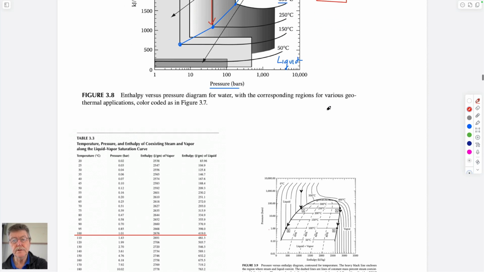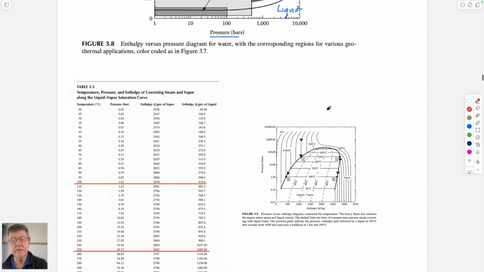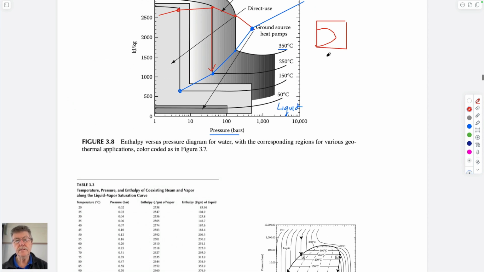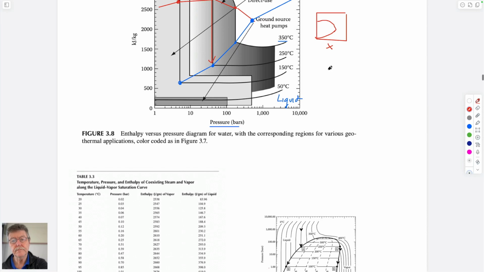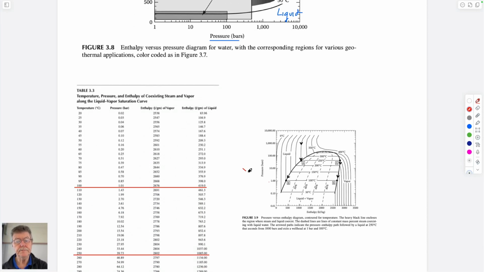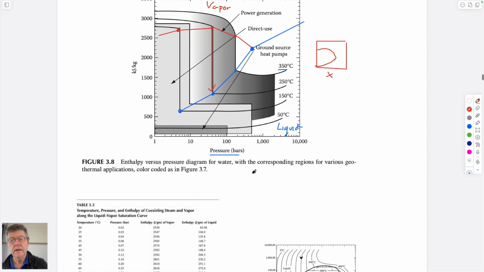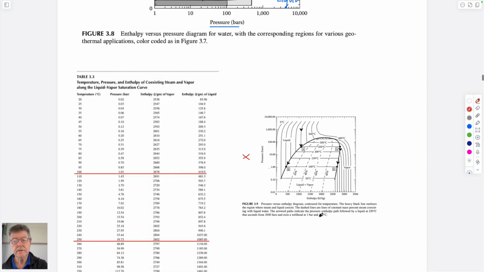and what do you want to do to it? You want to shift it so that this side here goes here, and this side here, which is enthalpy, goes here.